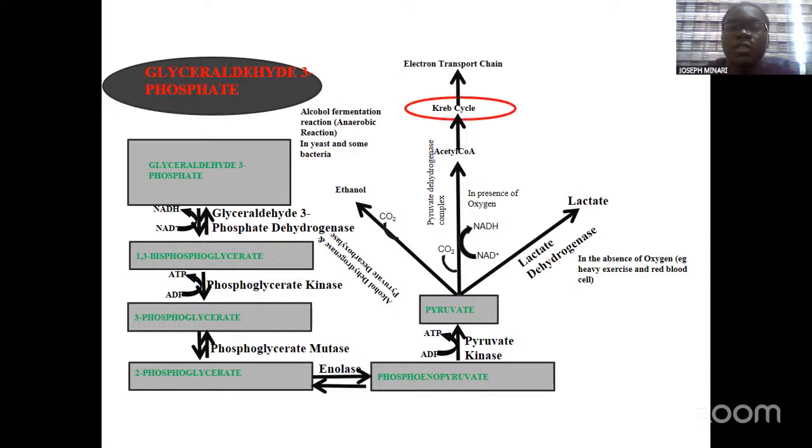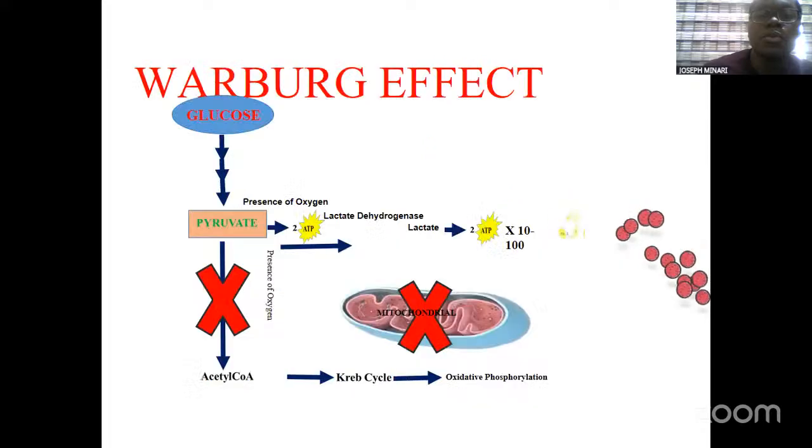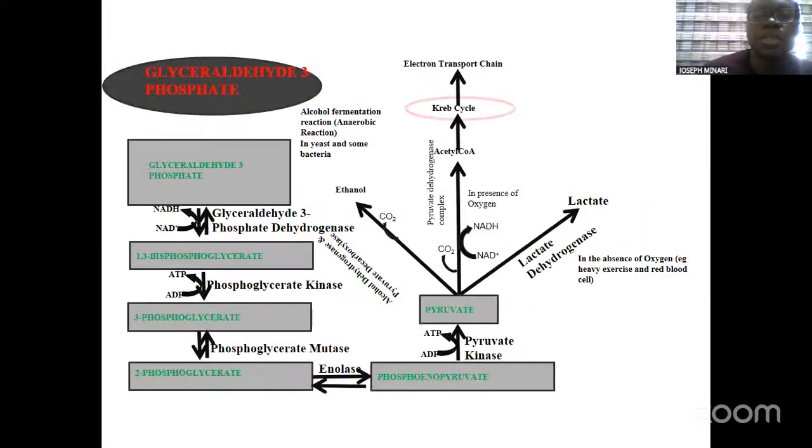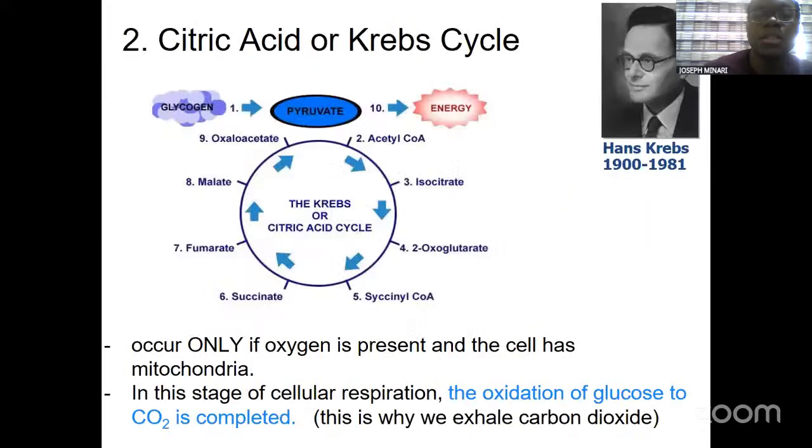This is a process of energy production in form of ATP. So we can now move to the next one, which is the Krebs cycle.